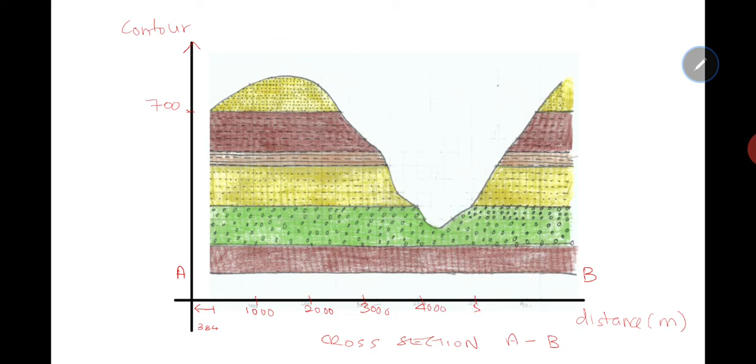Next, you can use the information to draw this cross section. So this is 200 contour, 300. Okay, we have 400. Okay, this one it hit 100.